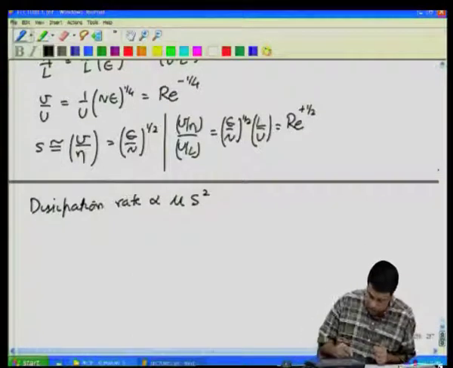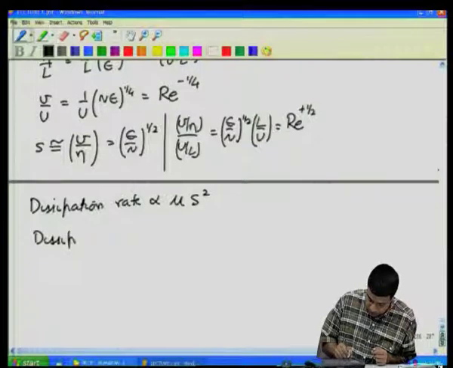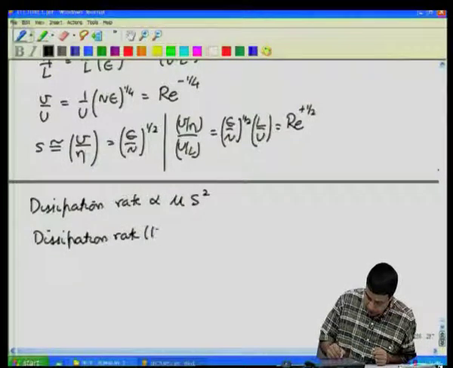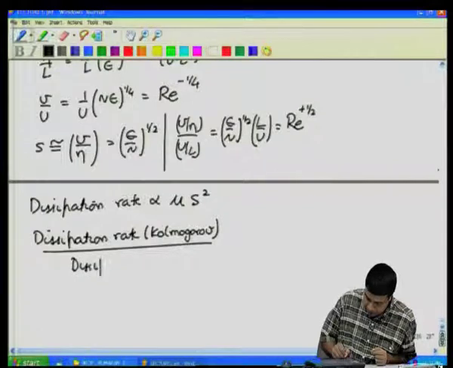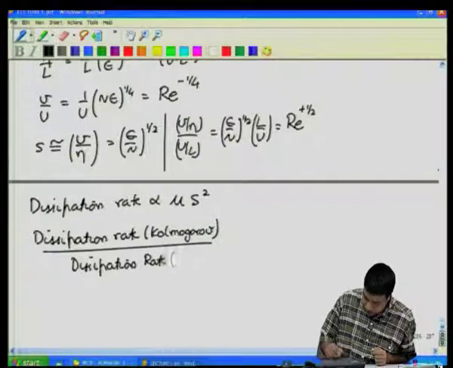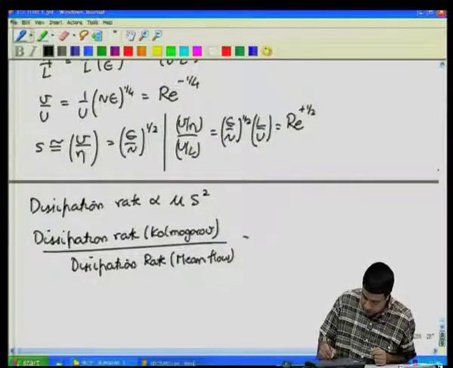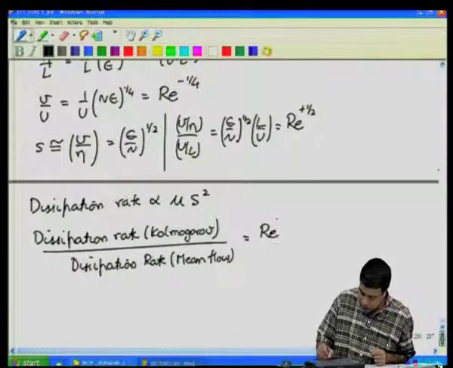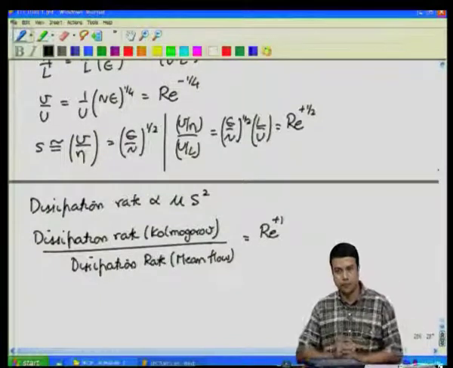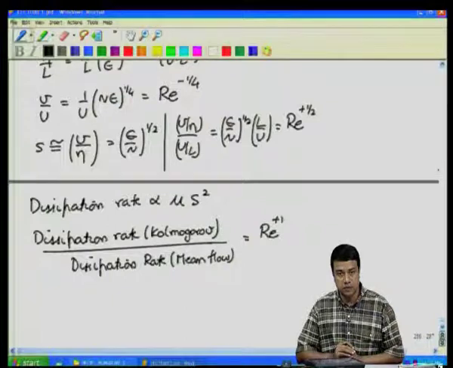That means the dissipation rate in the Kolmogorov scales divided by the dissipation rate in the mean flow is equal to Re power plus 1. It's equal to Reynolds number power plus 1 because it goes as a strain rate square.